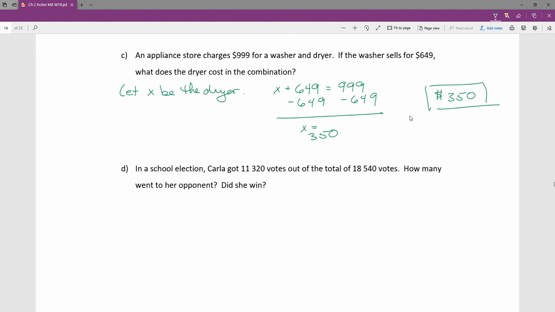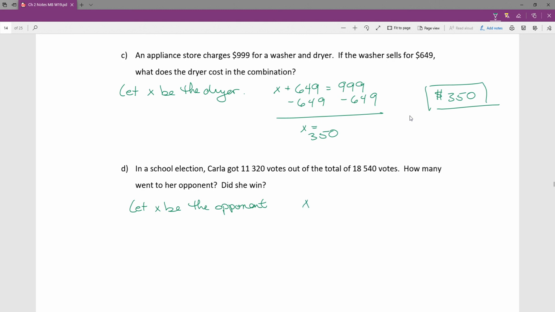Okay, so D. D says in a school election, Carla got 11,320 votes out of a total of 18,540. How many went to her opponent? And so we're going to say let X be the opponent, or the number of votes for the opponent if you really want to use all the words, but I'm saying just be intentional about what you're setting X to represent.